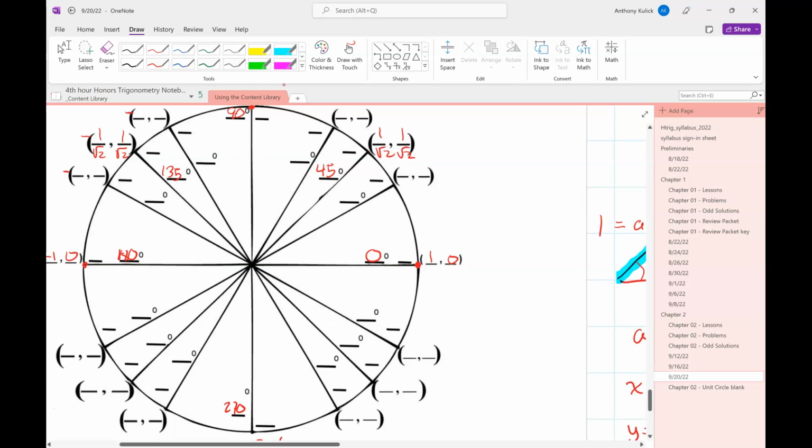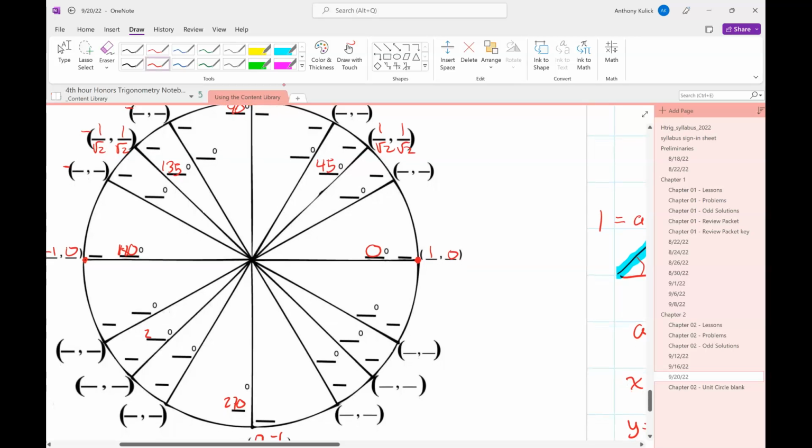I'm thinking about it. The next piece down here is 225. Since we're in quadrant 3, the x coordinate is negative, and the y coordinate is negative. I'm going to go ahead and write in those next to everything in quadrant 3 as long as I'm thinking about it.